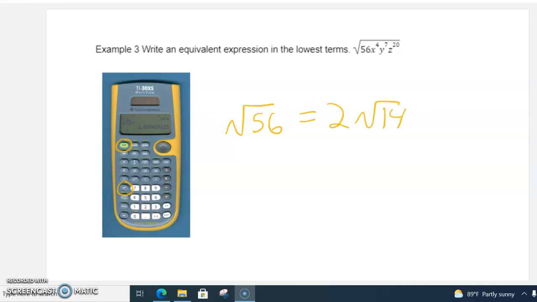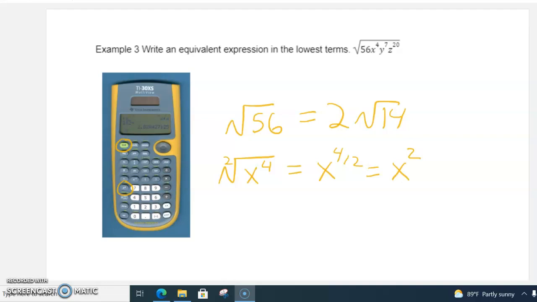Then I would take the square root of x to the 4th, which, remember, has an index of 2. So that's the same thing as x to the 4th divided by 2. And 4 divided by 2 is just 2. So the square root of x to the 4th is actually x squared.